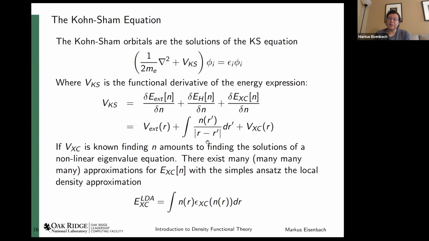Again, the external potential and the Hartree potential term, we know. Now, the kinetic energy we also know, so what is left is finding VXC. So if we were to know this exchange correlation potential, finding the charge density and correspondingly all the energies and observables of the system amounts to finding the solution to a nonlinear eigenvalue equation.